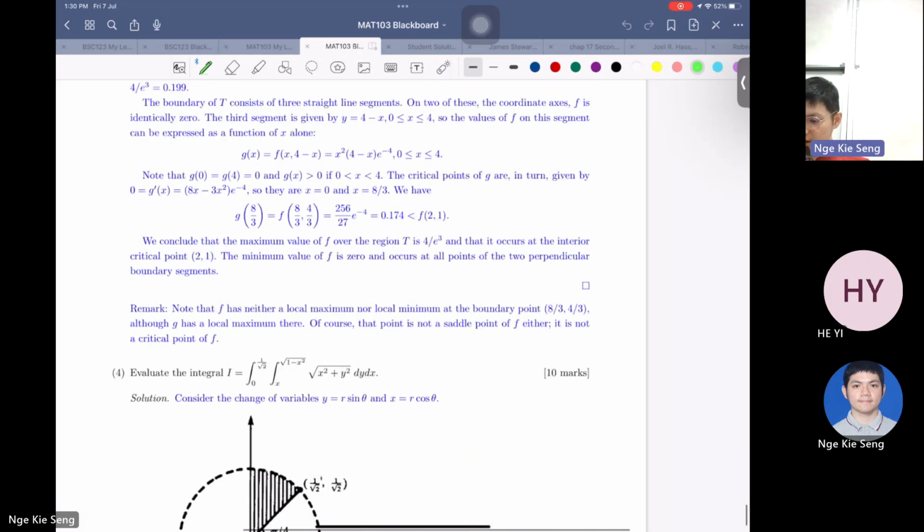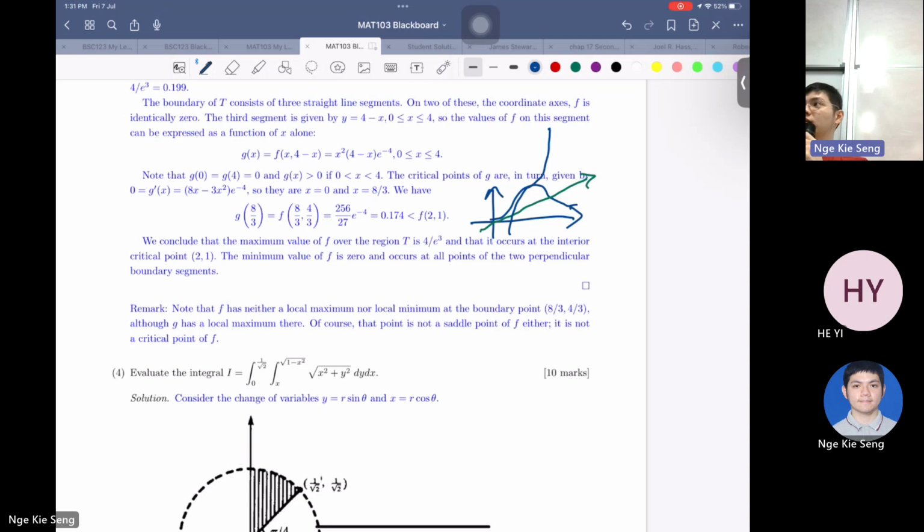Along a line, maybe it is the highest one, but if I add an extra dimension, maybe the shape is something like this. Then it's not a local maximum, local minimum, or saddle point.